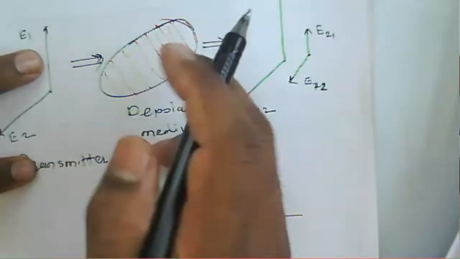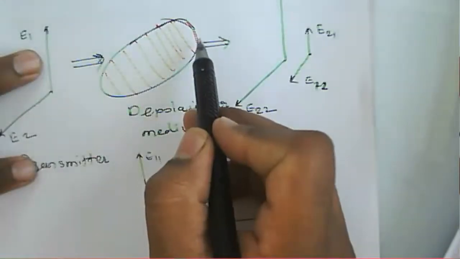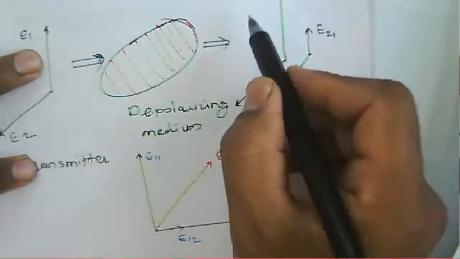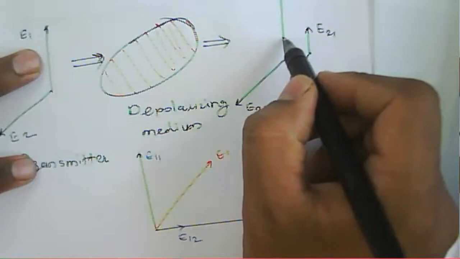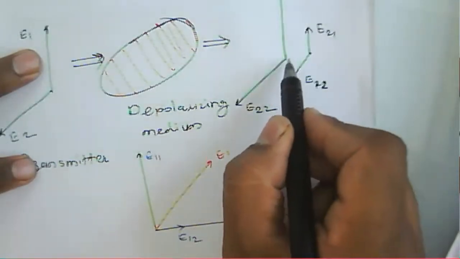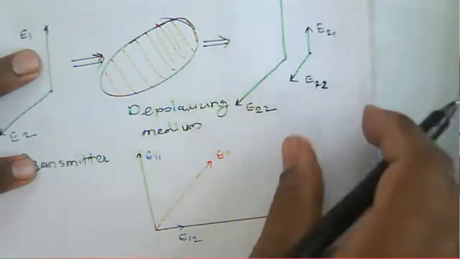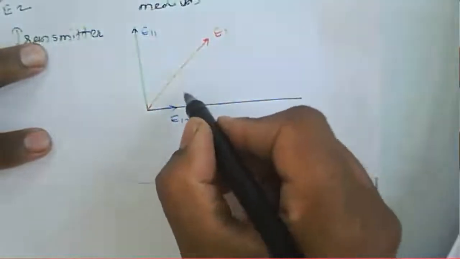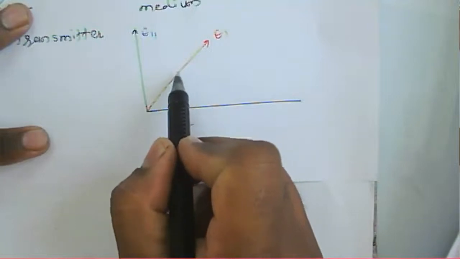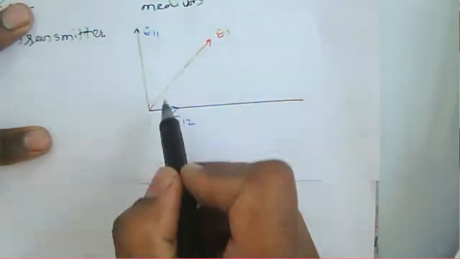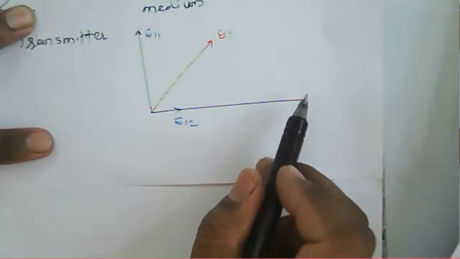So we will get the vertical component E1 decomposed into a copolarized field vector E11 in the vertical direction, and a cross polarized vector E12 in the horizontal direction. When E1 propagates through this depolarizing medium, E11 is the vertical component and E12 is the cross polarized vector component in the horizontal direction.